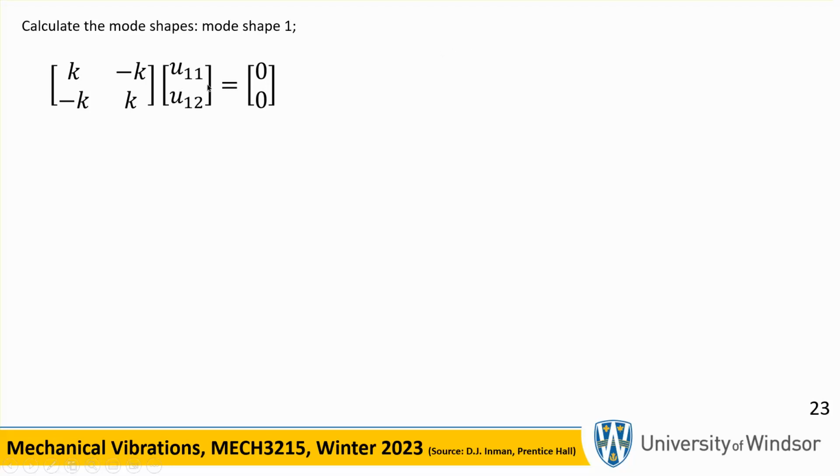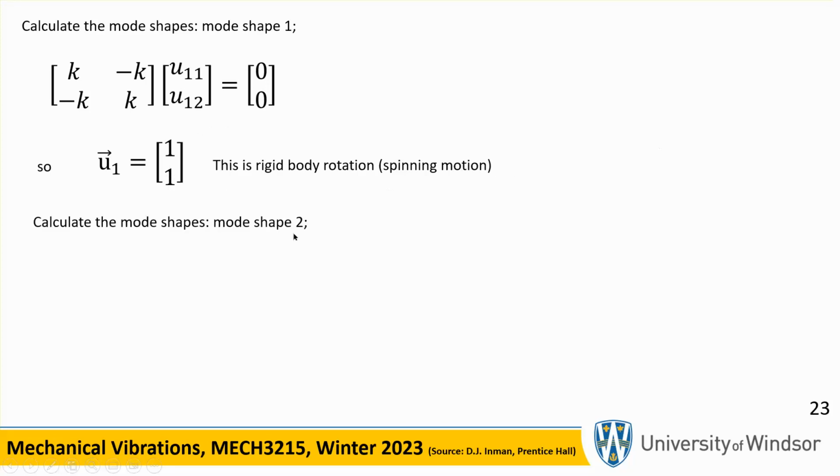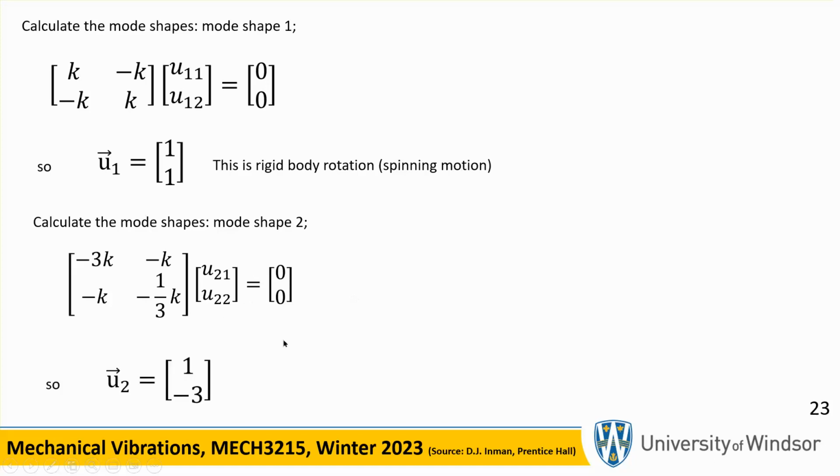It's just ku equal to 0. And of course, these are the same equation. You're going to get rigid body mode, rotation of the same amount of the two disks, 1 and 1, or 2 and 2, or minus 3 and minus 3. For the other one, just literally go ahead and plug in that other value of omega and write it down. Okay. You're going to get 1 and minus 3.